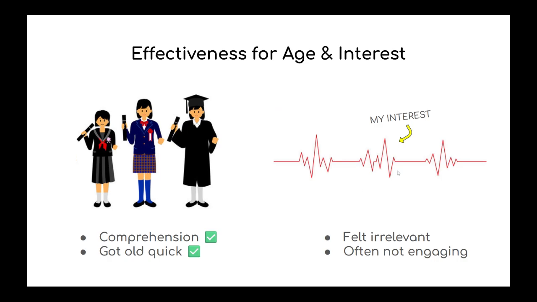The peaks on the red line are supposed to be my interest peaking. And if I could adjust the graphic, I would say that these flat lines should be longer to demonstrate how few and far between my interest was peaked with this method.